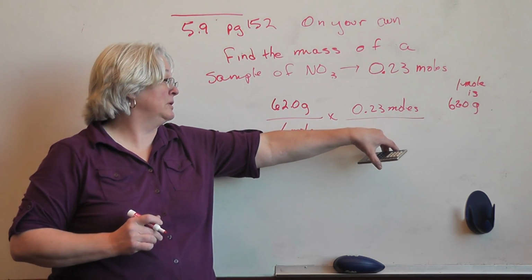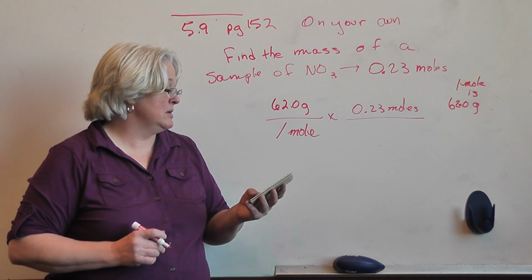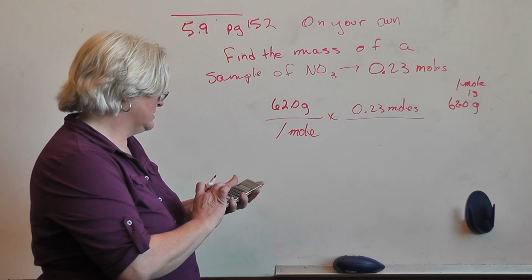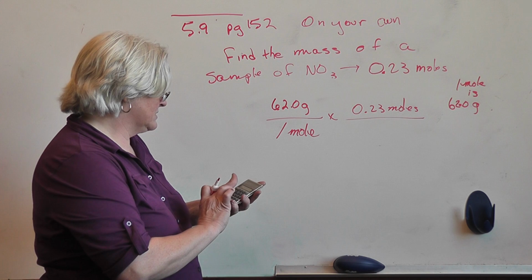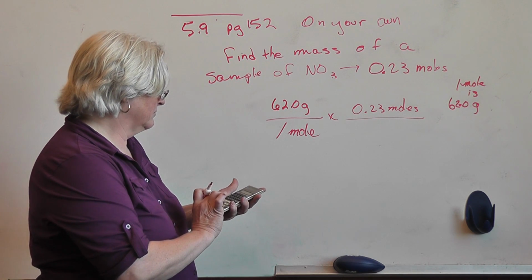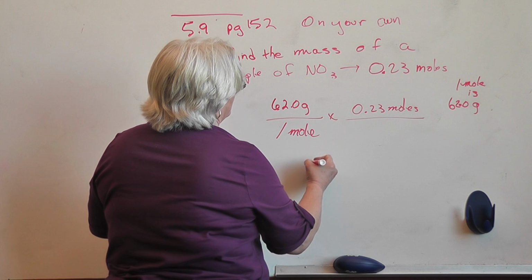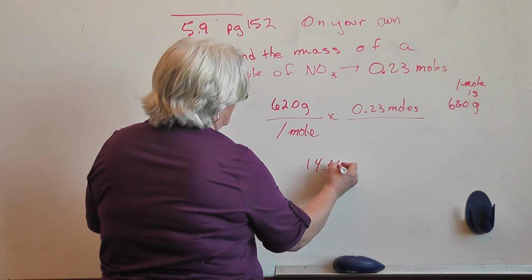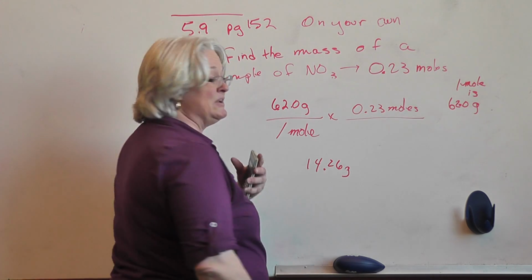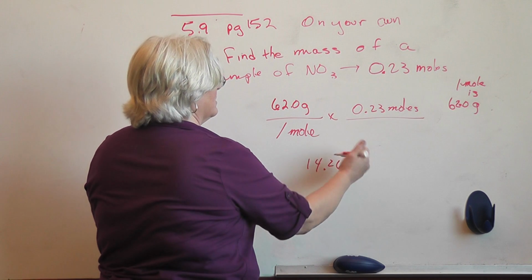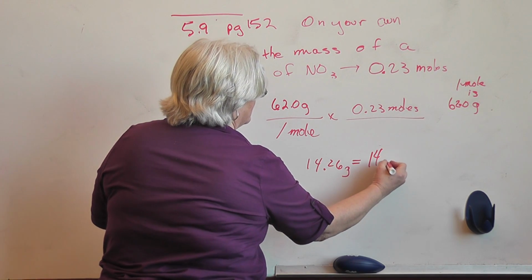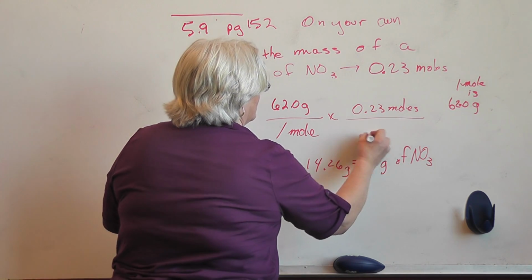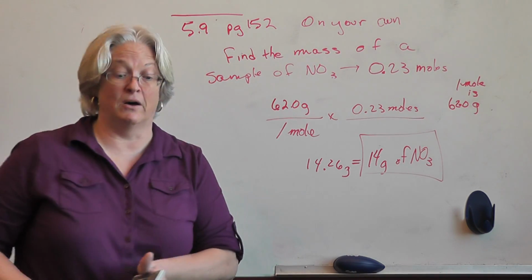All we have to do is multiply 62.0 times 0.23. That gives us 14.26 grams. How many significant figures do we have? 2. So that's going to become 14 grams of NO3 contained in 0.23 moles of that compound.